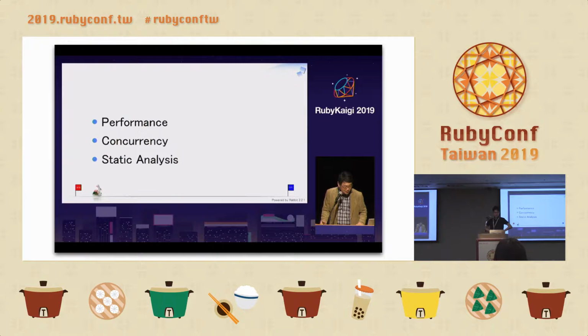Some of you may have seen this slide at RubyKaigi, and maybe everyone saw the same slide in today's keynote. My talk is about the third biggest feature improvement in Ruby 3, the static analysis.